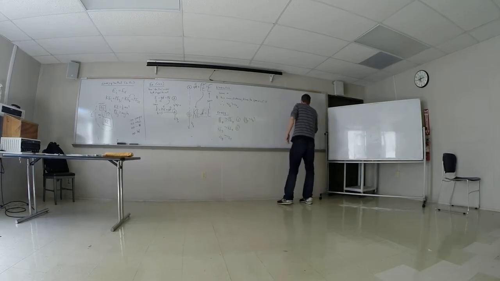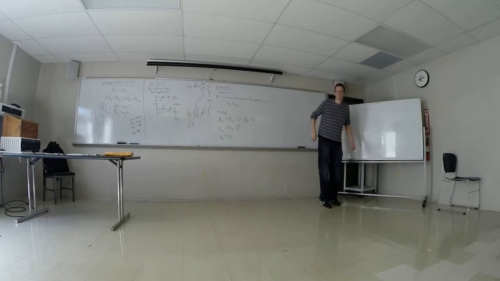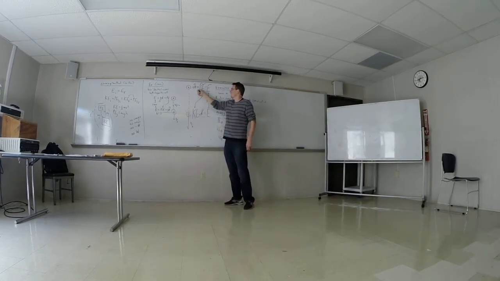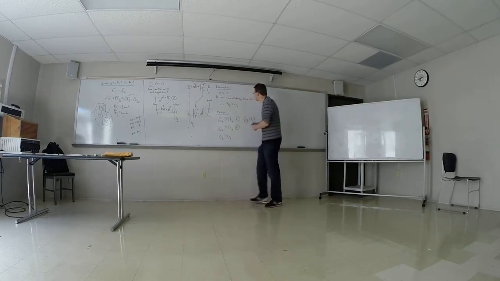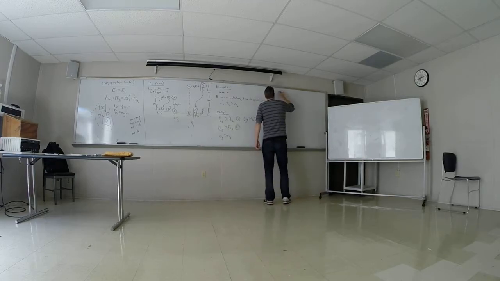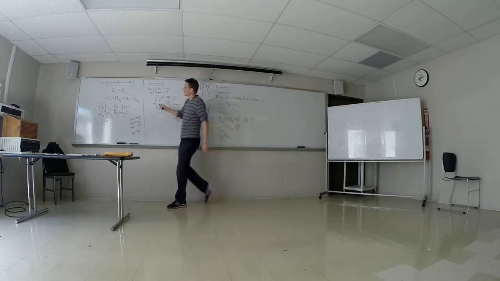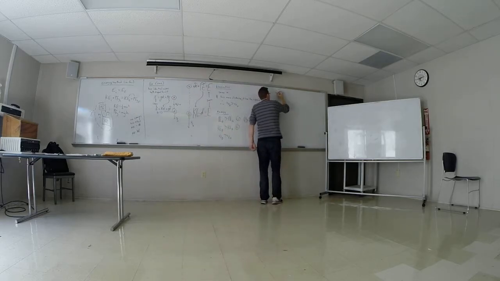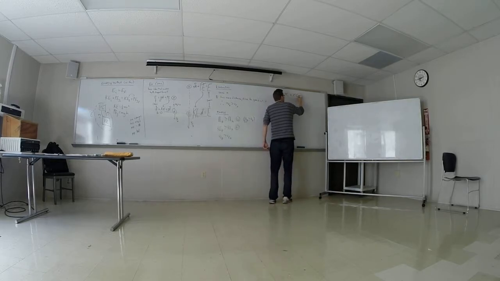Now, as far as how to actually calculate this, all we would do is say that this has to be equal to this, right? So let's follow along with the structure here. We'd say KE initial plus PE initial equals KE final plus PE final.